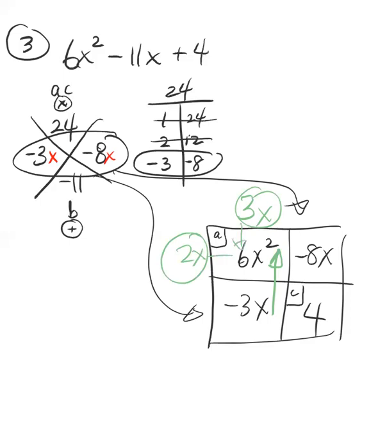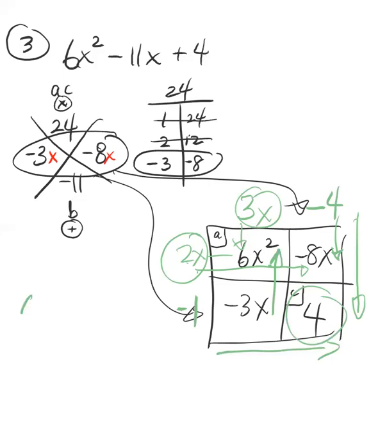What times 3x is going to get me negative 3x? Negative 1. What times 2x, going all the way to the right here, is going to get me negative 8x? And that's going to be a negative 4. And the last thing I can check, does negative 4 times negative 1 get me positive 4? The answer is yes.